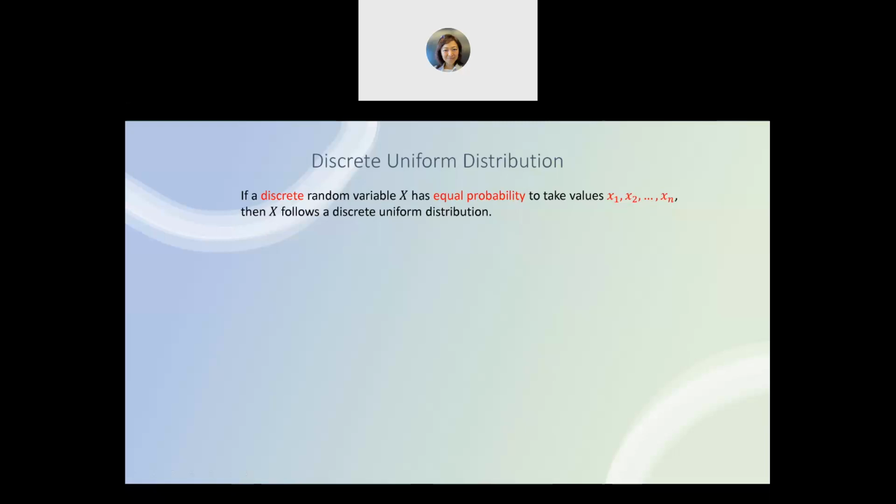The probability is only dependent on how many values x can take. So we write the probability mass function f of x, which is defined as the probability that x is any of those values, as 1 over n. N is the number of different values x can take.